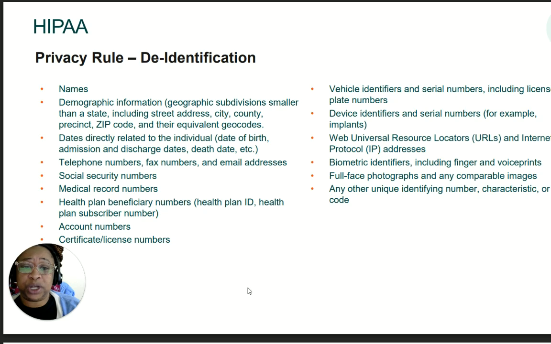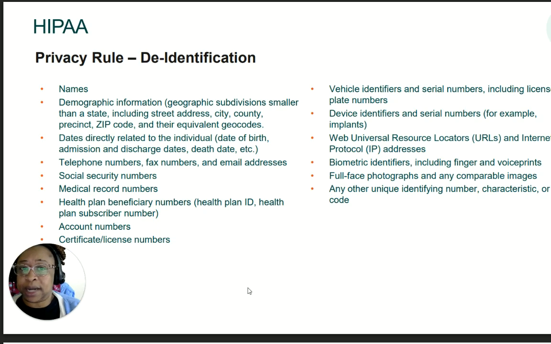Web Universal Resource Locators, the URLs, and Internet Protocol addresses, their IP addresses. Biometric identifiers such as finger or face recognition, and other things that can identify the patient. Those are what are called de-identifiers, and they are part of HIPAA and cannot be released to anyone else without permission.